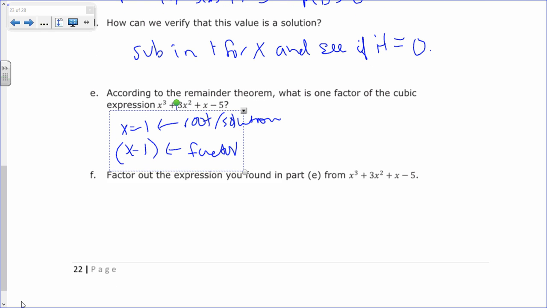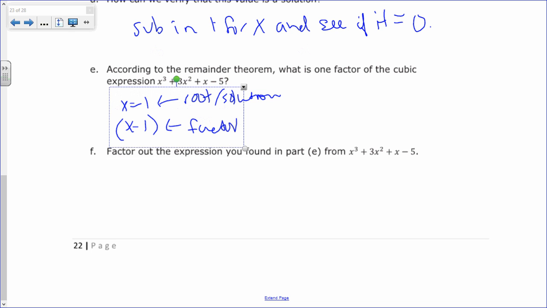Factor out the expression you found. You have two choices: you can use reverse tabular or you can use long division. I'm just going to do long division real quick. My first term is going to be x squared.